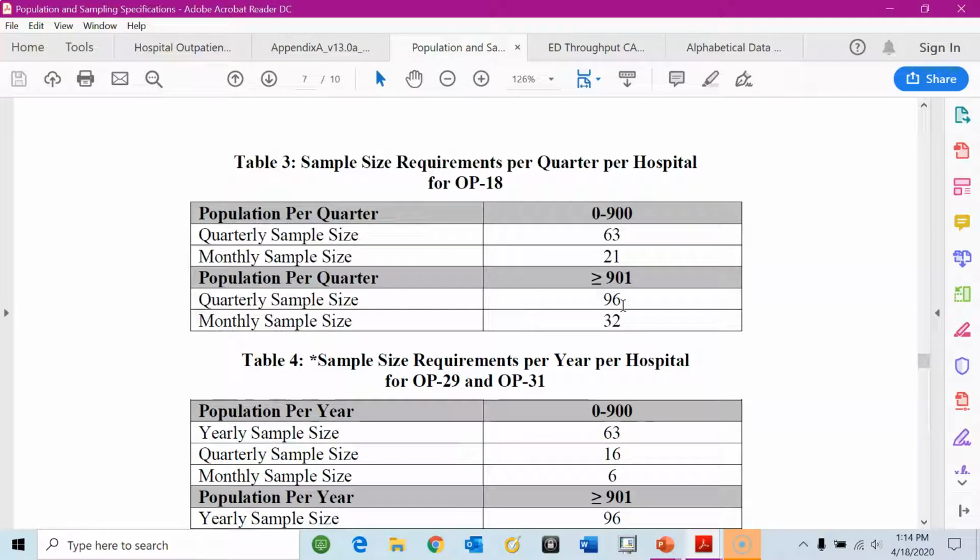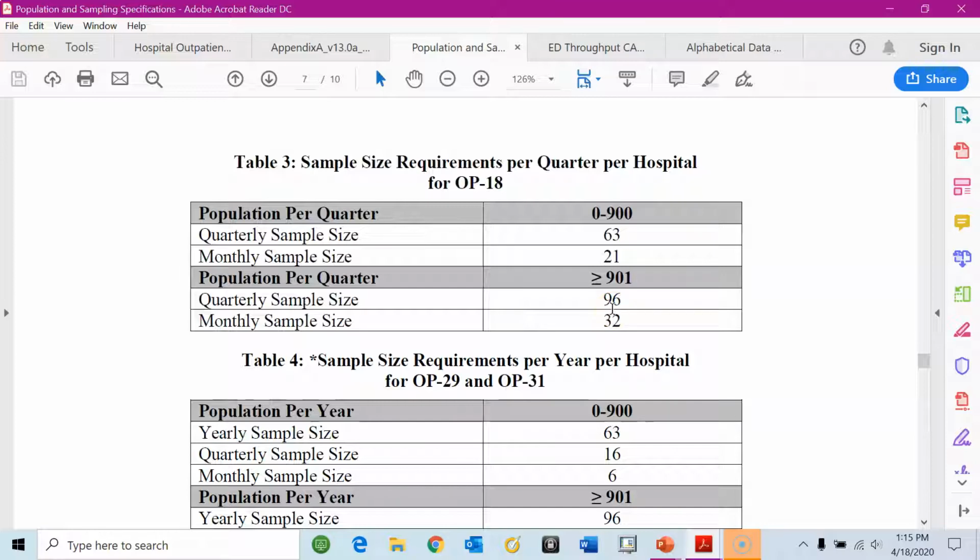What you want is to get different staff that's working in the ED, different shifts in the ED, because you want to make sure that everybody who's working in that ED is doing things the same way. So, again, you decide on the random. CMS doesn't give you instructions for that, but just says that you should do a random sample.